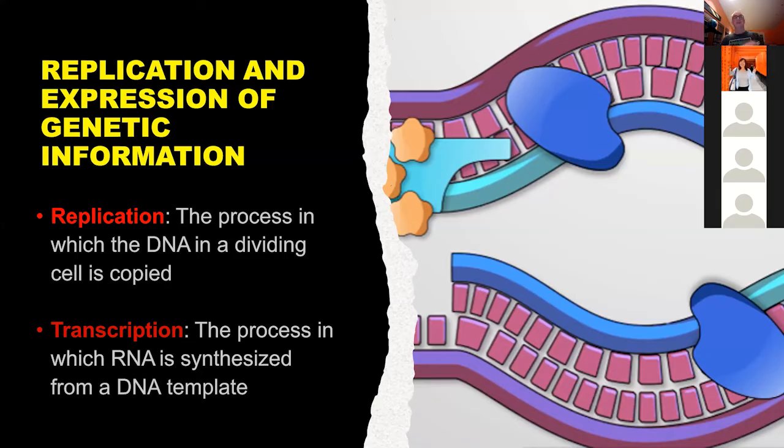So let's talk about replication and transcription. These are the basic two things that DNA is used for. Replication is just copying the DNA. You're going to need it every time your cells divide, they need to make new chromosomes, right? So how do they do that? We'll have to show you how that works.